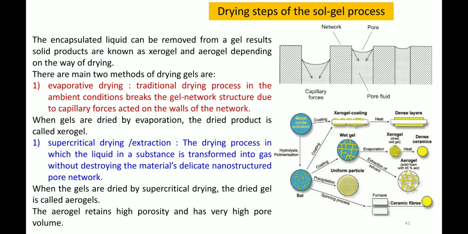So without damaging that porous network, if we take out the solution in such a way that we convert it into a gas, then that type of drying is called supercritical drying. And when gels are dried by supercritical drying, the dried gel is called an aerogel. Aerogel retains high porosity and has very high pore volume.